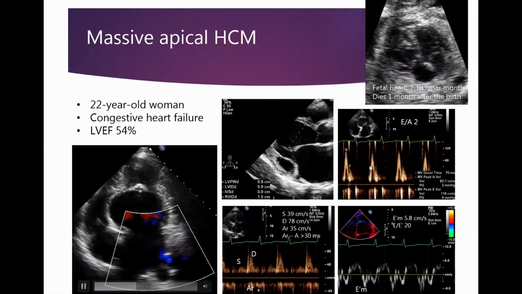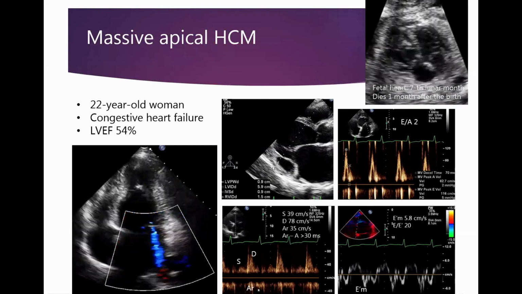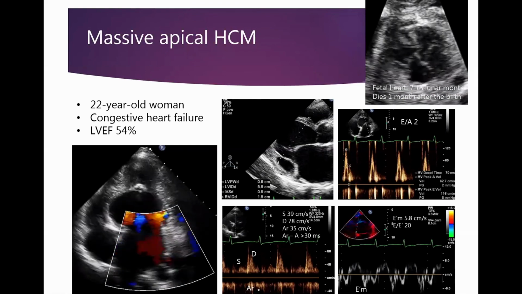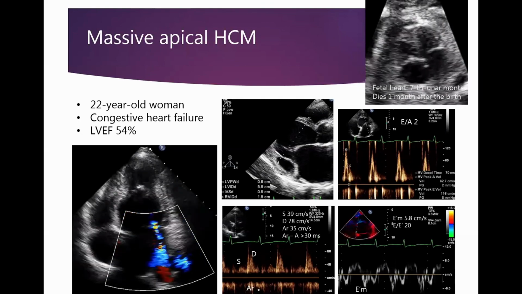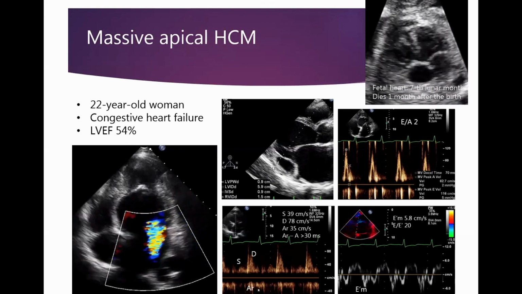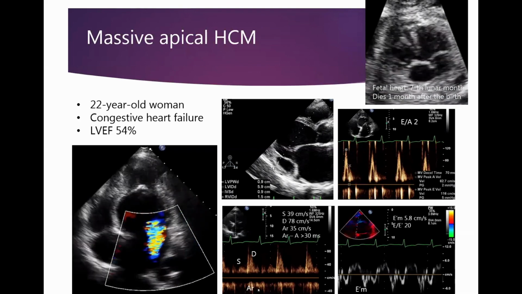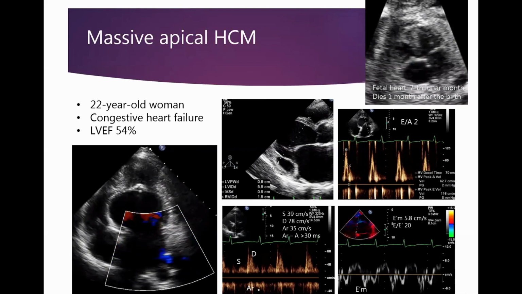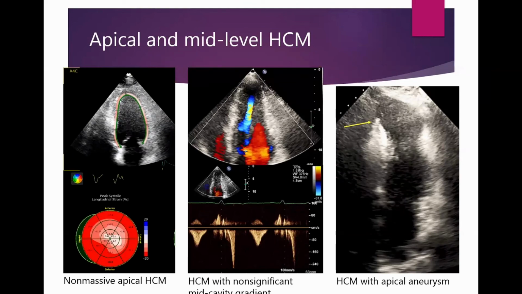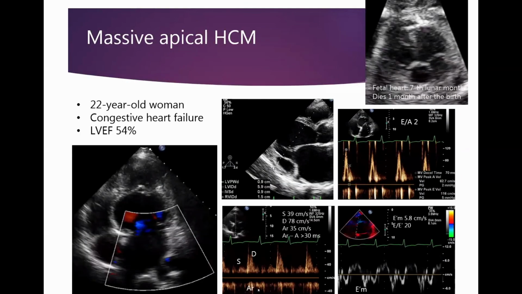This patient has a restrictive mitral filling pattern and also reduced E' velocities of the mitral annulus, and the difference between duration of AR and A wave is over 30 milliseconds. Here we have very high filling pressures.